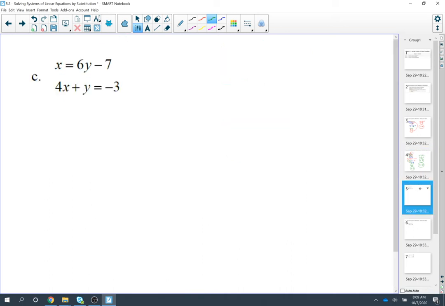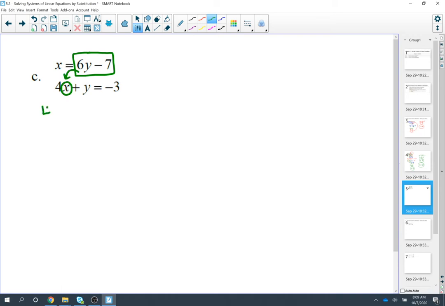Letter C, x equals 6y minus 7, 4x plus y equals -3. Now on this one, it looks like the top equation is already solved, but instead of saying y equals, it says x equals. So this is x, so we're going to substitute it in for the x.